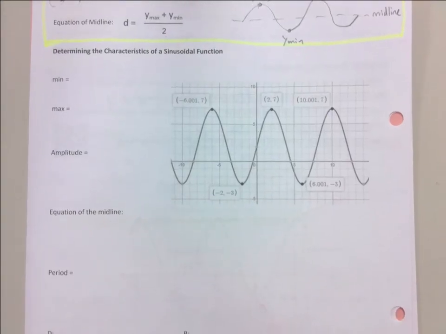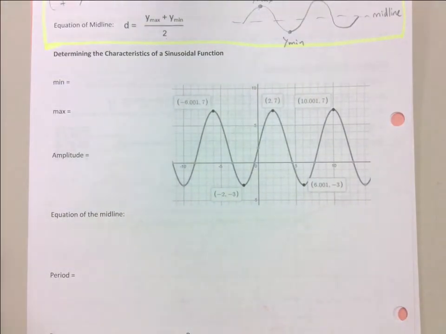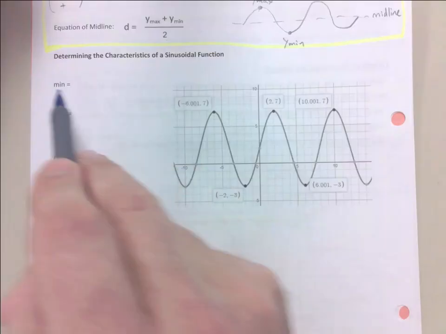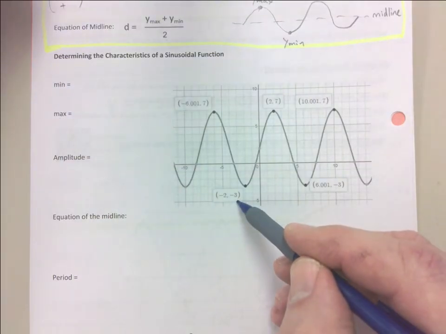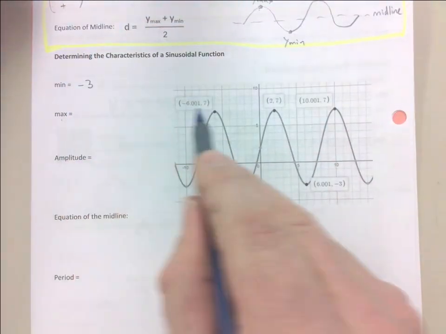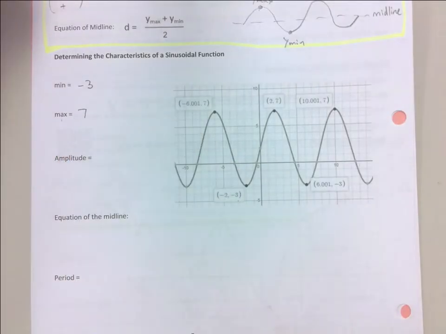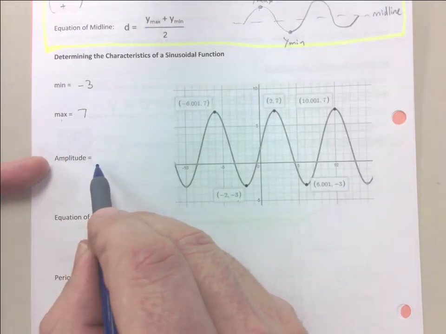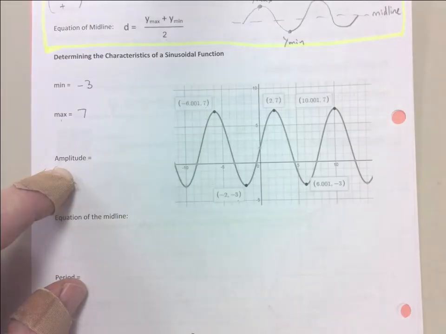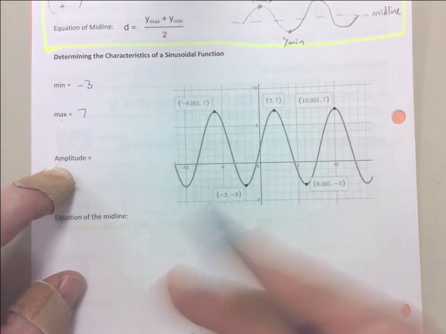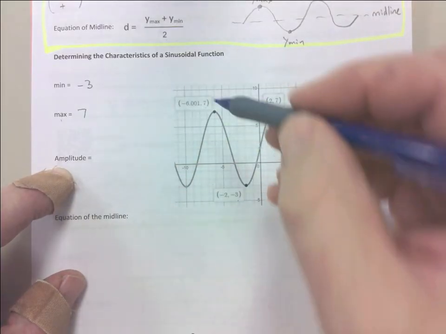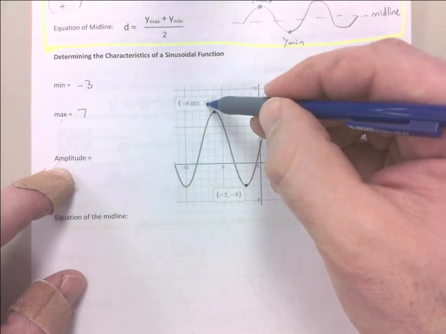So let's use this to determine the characteristics of the sinusoidal function. So the min is just -3. The max is 7. The amplitude, you decide. Sometimes you can just count using the graph. I would caution against it because sometimes, especially if there are coordinates, use those. So you pick any two. This is the max, this is the min.